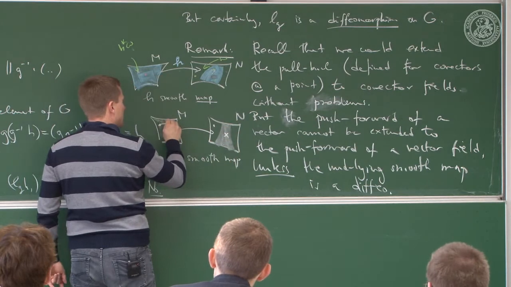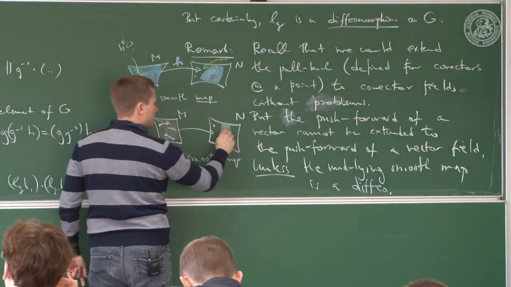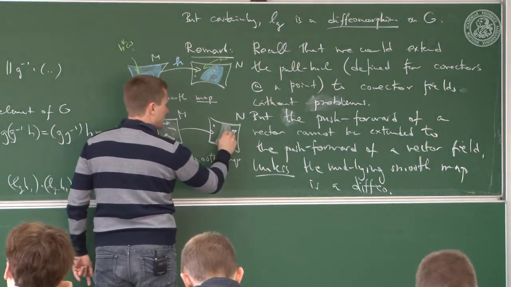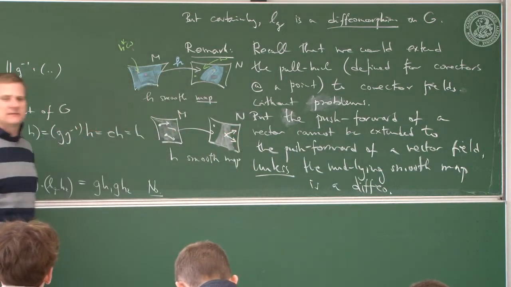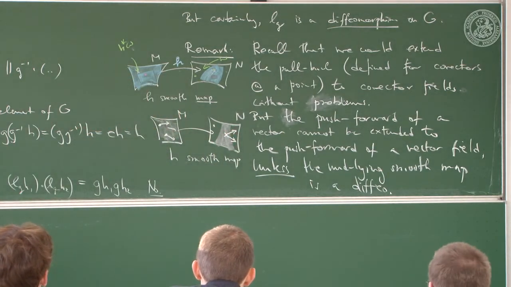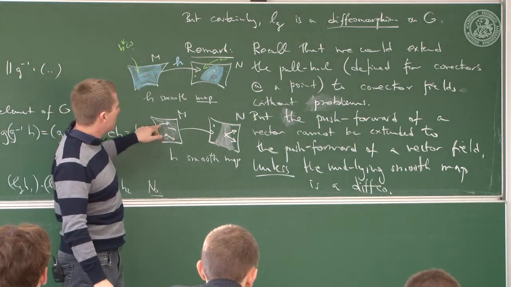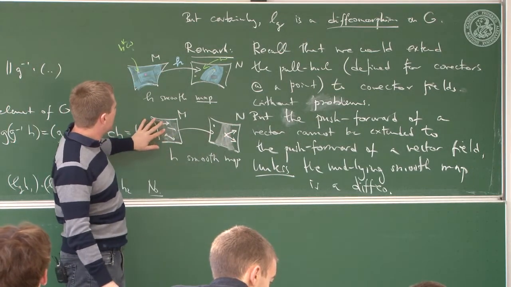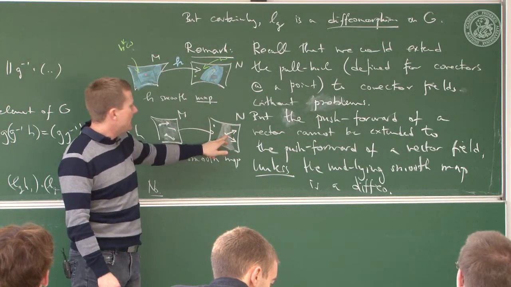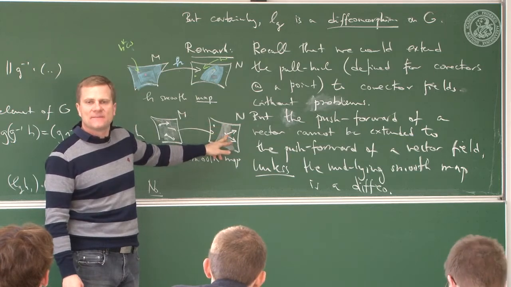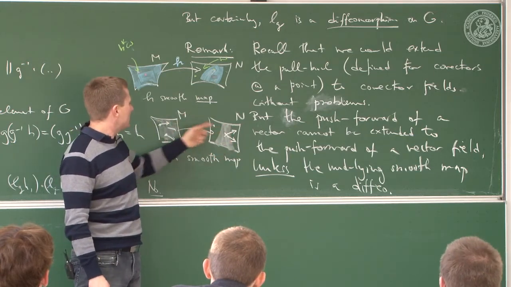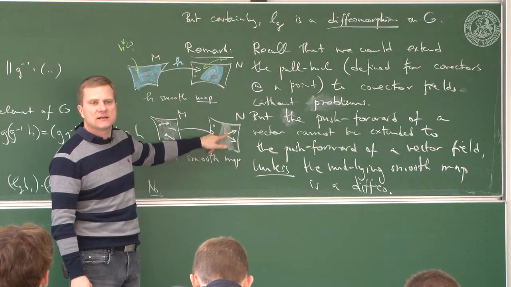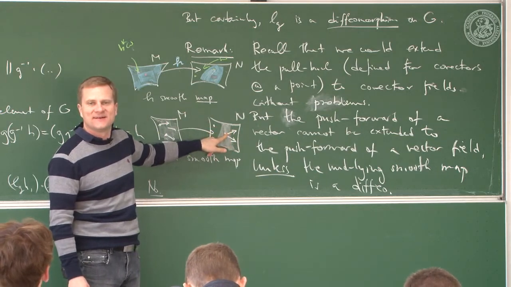Well, but even then, if the map is not injective, this vector is pushed here, and that other vector is also pushed there, say it looks like this. So the push forward, if you don't look at one point to one point, then it's fine. But if you want to extend this to a vector field, it becomes ill-defined, because you don't know which of the images you should choose as the resulting vector field here.